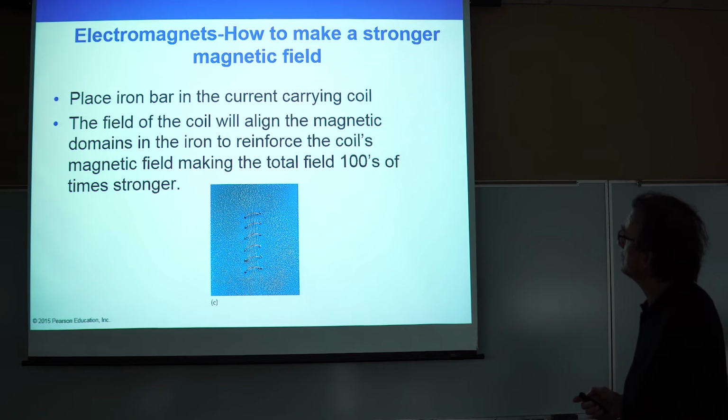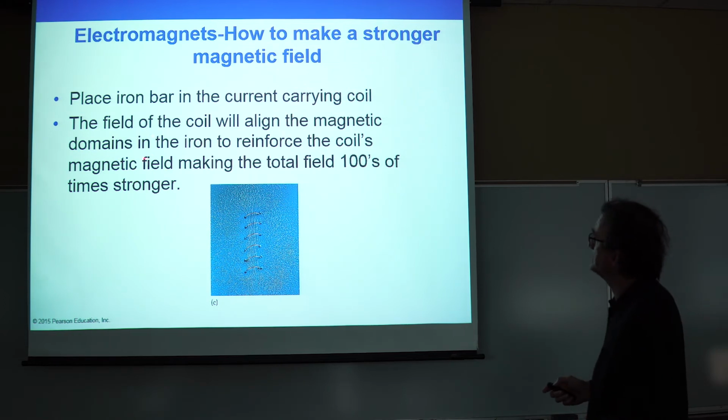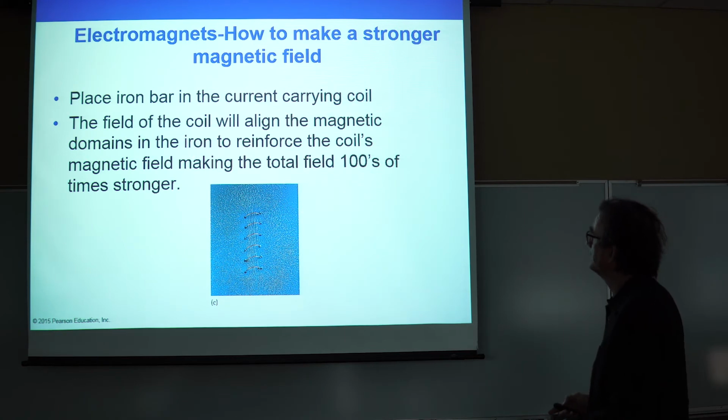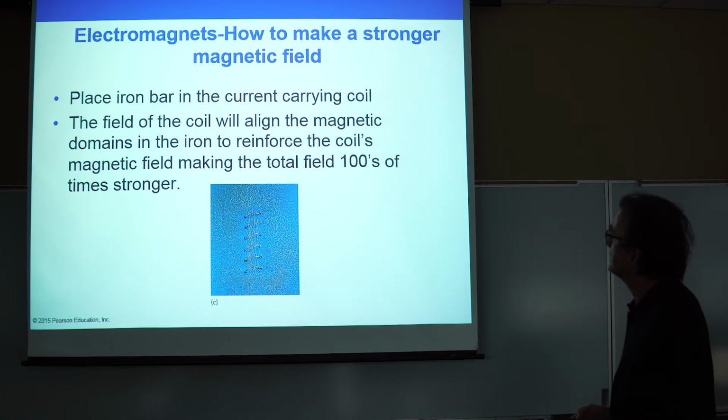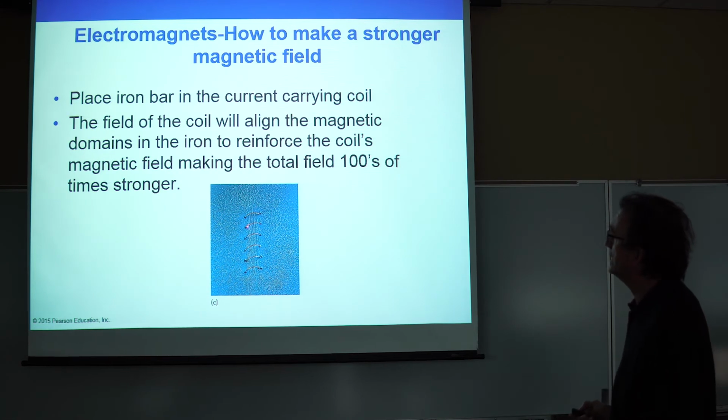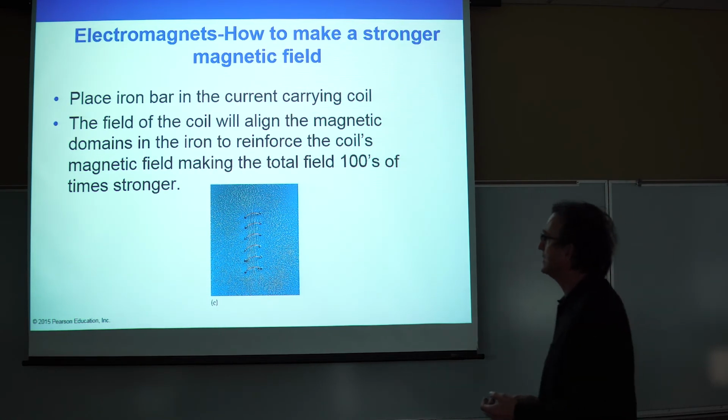So the field of the coil will align the magnetic domains in the iron to reinforce the coil's magnetic field, making the total field hundreds or even 1,000 times stronger than you would get using only the coil of electricity.